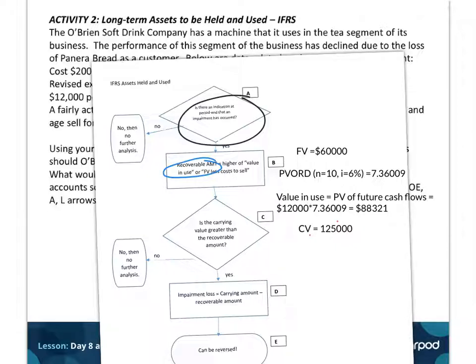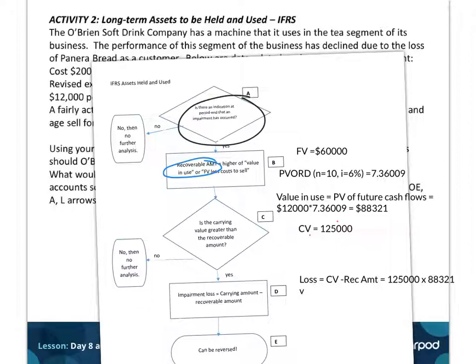One step lower then is where we calculate the loss. And the loss is the difference between the carrying value and the recoverable amount, which is exactly what I have written there. But in our problem, that means we're calculating 125,000 minus 88,321.